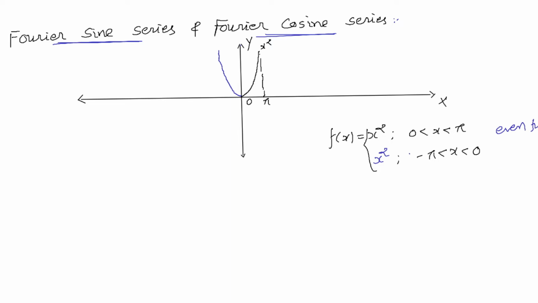So what have I given? I have given the function only on the half interval. On the other half interval, I am assuming a function. Here on this side, I have given the function x square, 0 less than x less than pi, and I am constructing its negative for minus pi less than x less than 0.